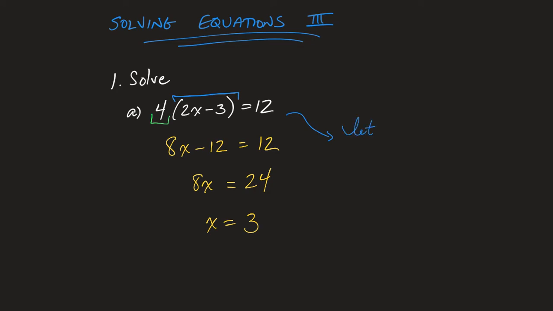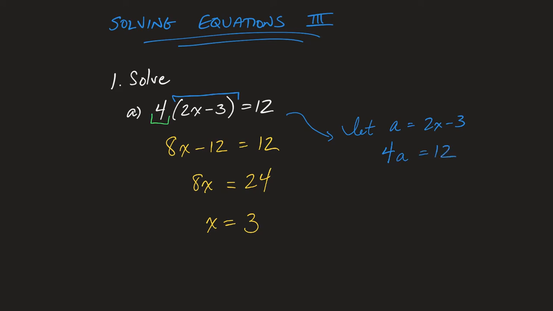I'm going to let, let's say, A. There's no A's in that equation, so if I pick a symbol of A, it's nowhere else. Okay, that's a safe symbol to use. I'm going to let A equal 2x minus 3. So wherever I see the expression 2x minus 3, I'm going to replace it with an A. And what I would then have is the 4 times 2x minus 3, so it's 4 times A, equals 12.